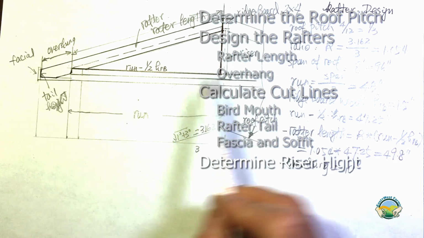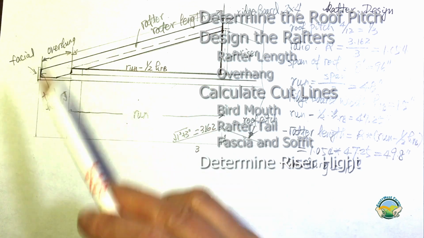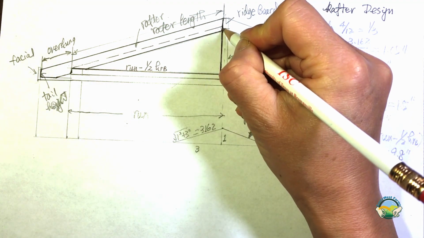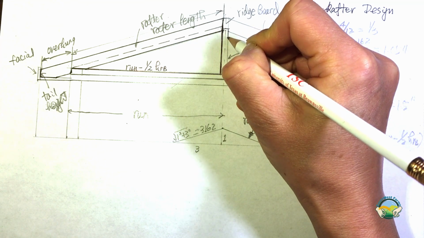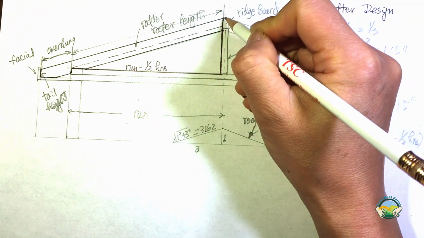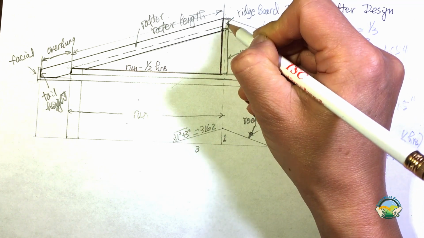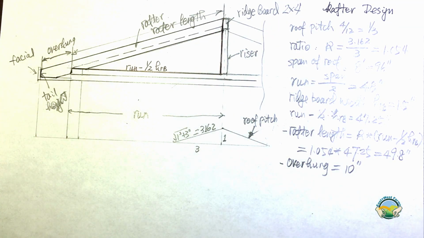So for that, we come back to this big picture over here. Usually the riser, this is your riser board, and then you have another 2x4 sit on top of it.